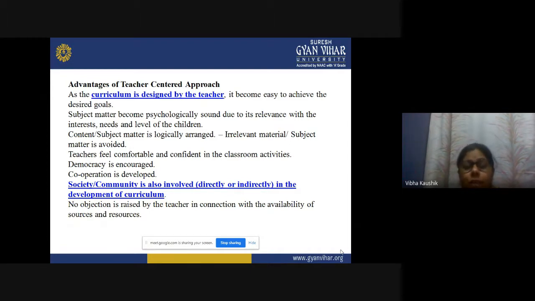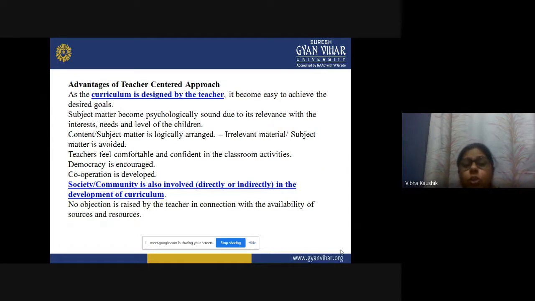Then we will say that the subject matter is logically arranged. But if I first teach you the limitations of the teacher-centered approach, then the advantages, and then the meaning of the teacher-centered approach, then you will say that the subject matter is not logically arranged.